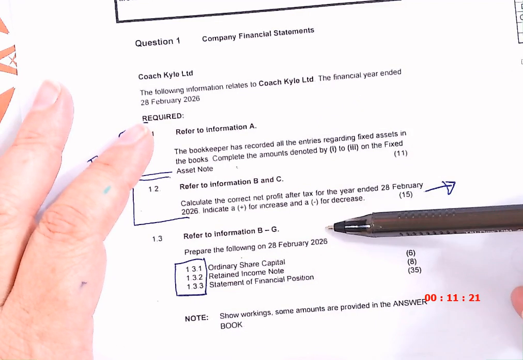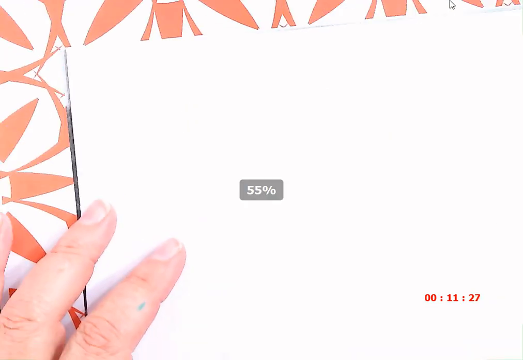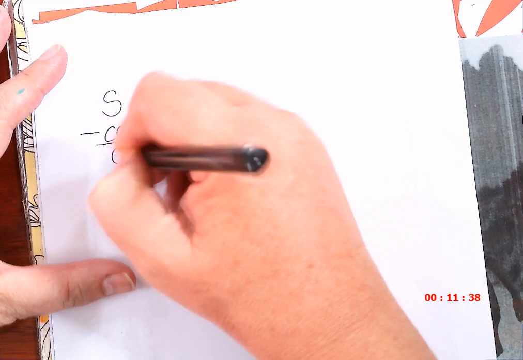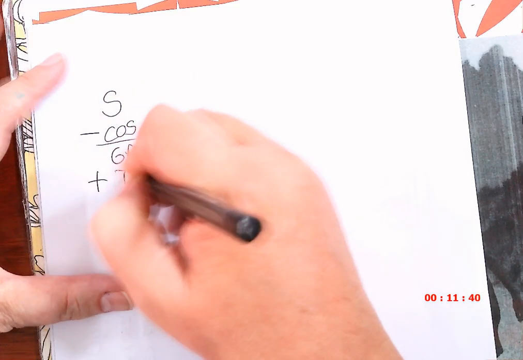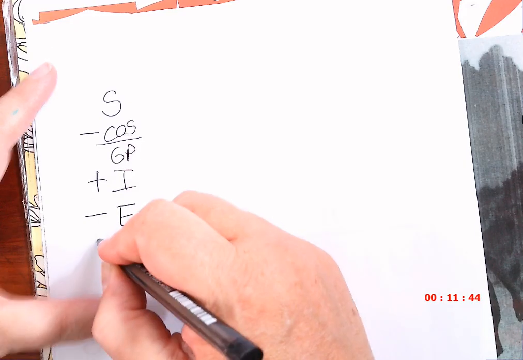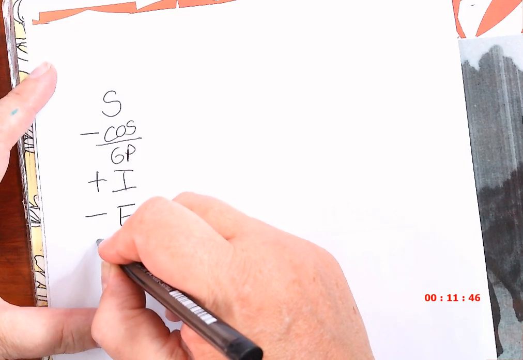The thing you need to remember is your income statement, because that will tell you how your format works. So I've got sales, less cost of sales gives me gross profit, plus income, minus expenses. Can you see I'm doing a little summary version?